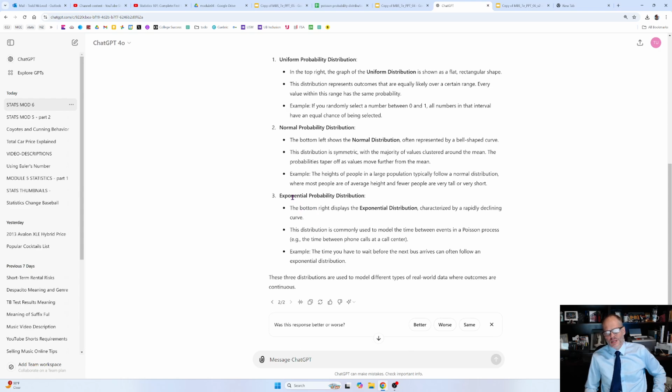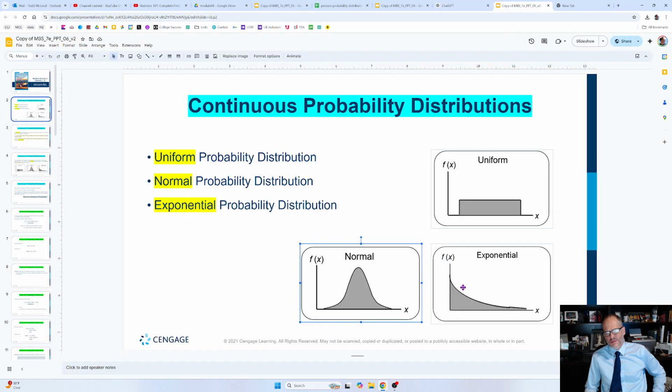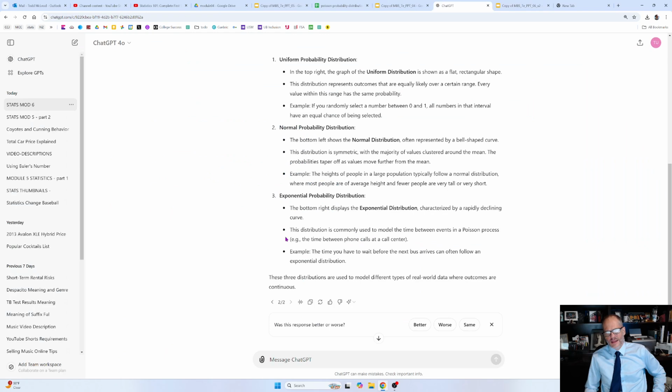Exponential probability distribution. The bottom right displays an exponential distribution, characterized by a rapidly declining curve. This distribution is commonly used to model the time between events in a Poisson process. So Poisson is, again, like the time between phone calls at a call center would be measured by an exponential probability distribution.